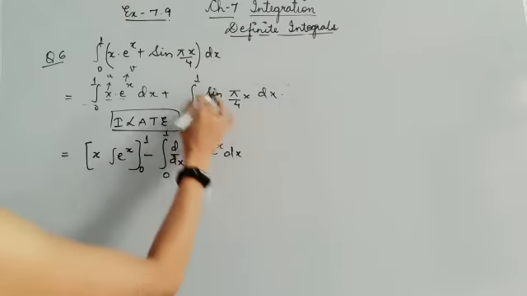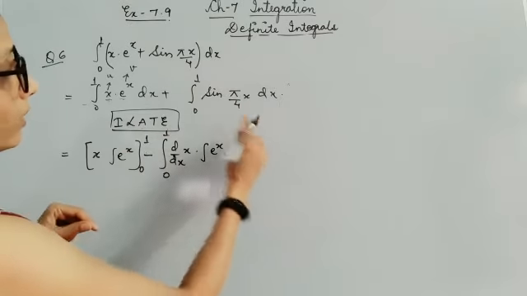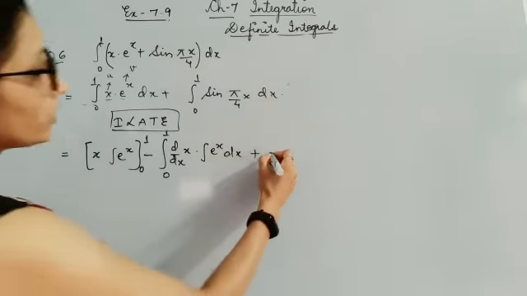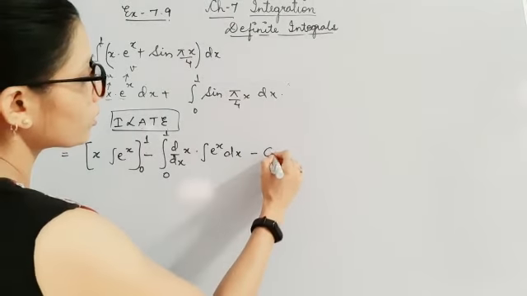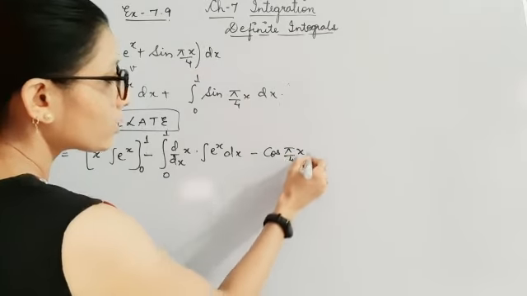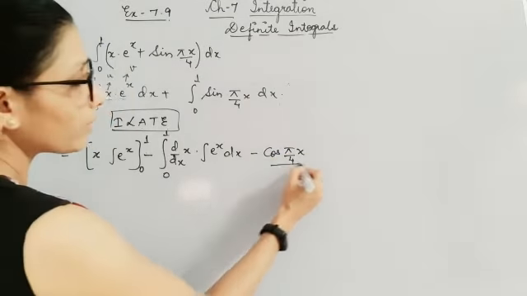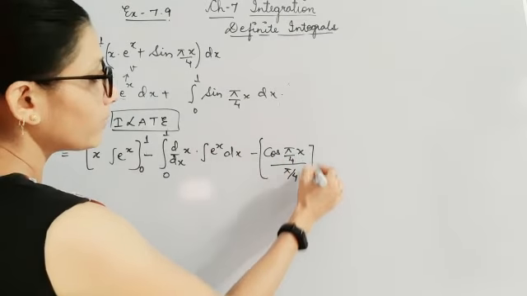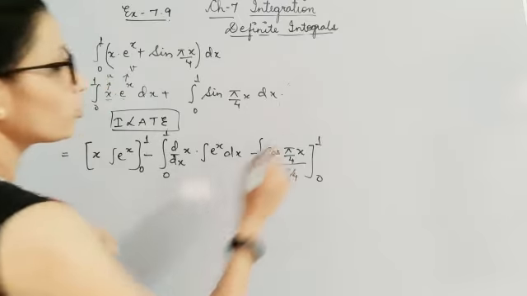Alright, and for this next part, simply sine pi by 4 x integration, I know it is minus cos pi by 4 x, and since this is again a function, pi by 4 will come down. Alright, so here I have integrated it from 0 to 1.